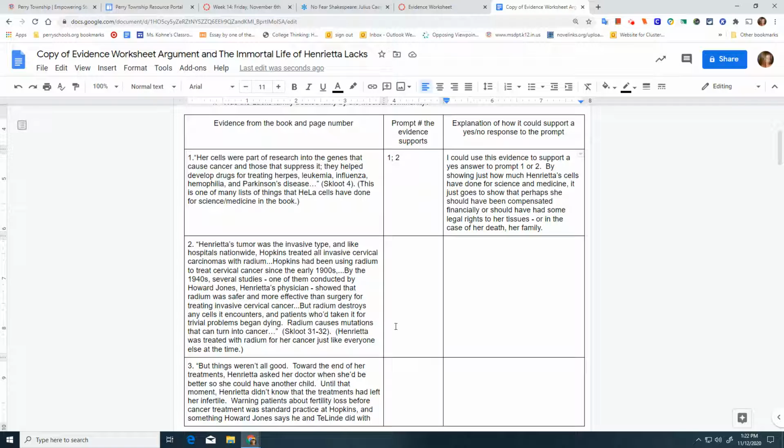Okay, so this shows that they eventually found that radium was dangerous. At Henrietta's time, it was used to treat cervical cancer just like everybody else.